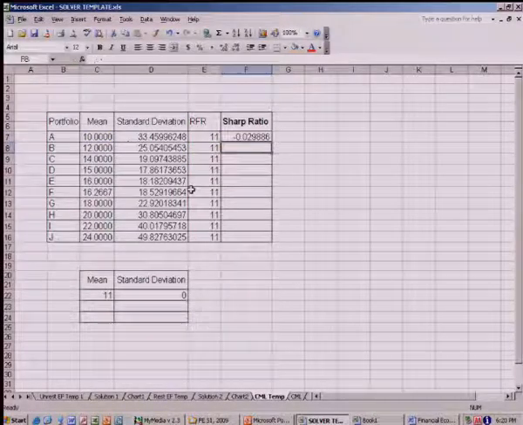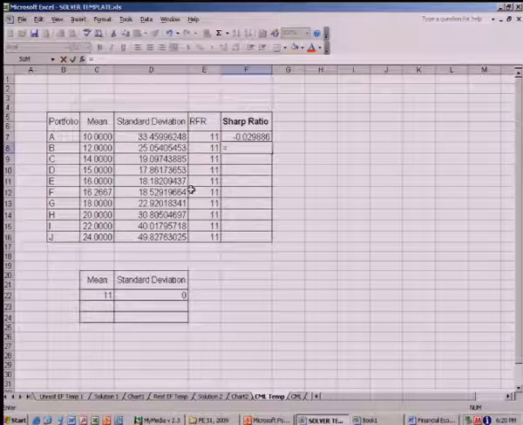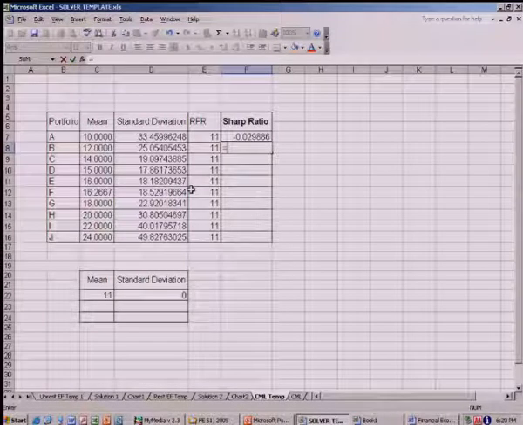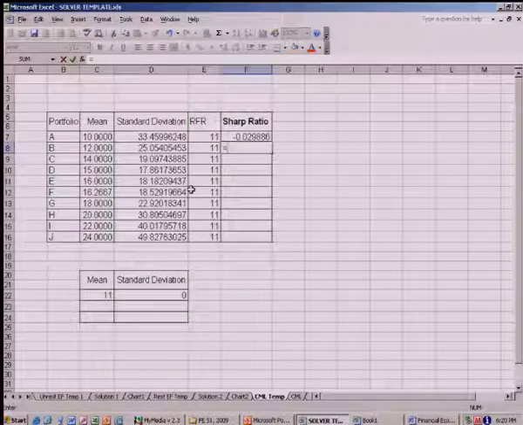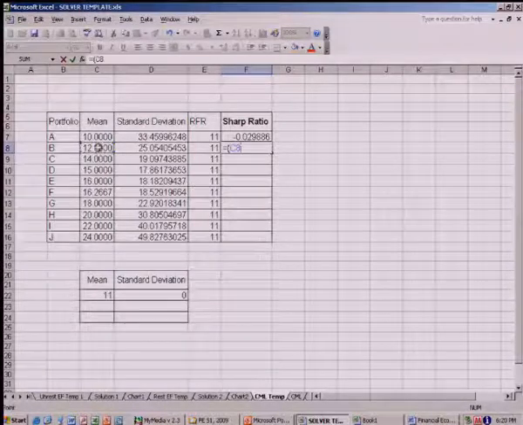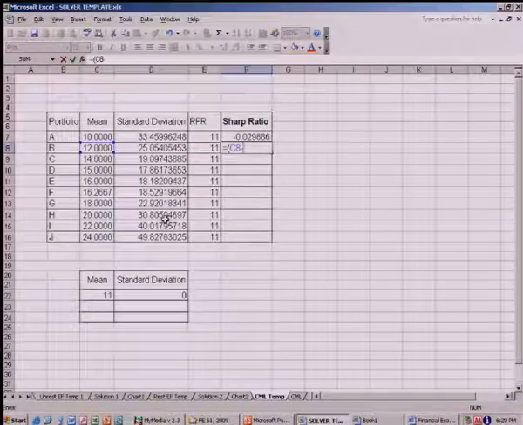And press enter. Then I'll just show you for the next one. So for the next optimized portfolio, which I named here as portfolio B, I just gave them names ultimately. So for portfolio B, enter the equal sign, enter the brackets, and find the difference between that portfolio's expected return and the risk-free rate of return of 11%.